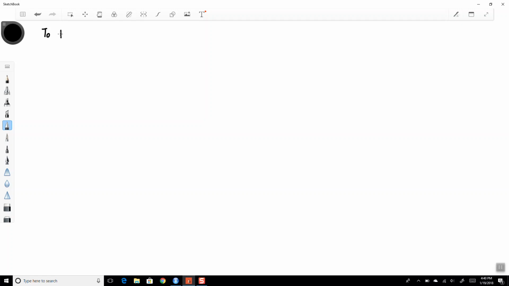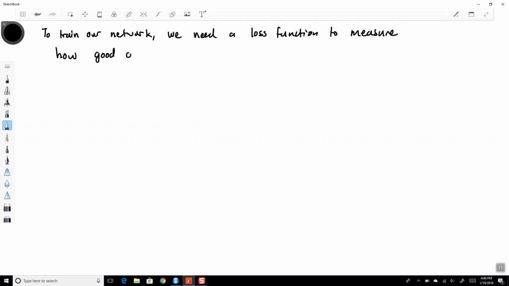So to train our network, we need a loss function to measure how good our predictions are.